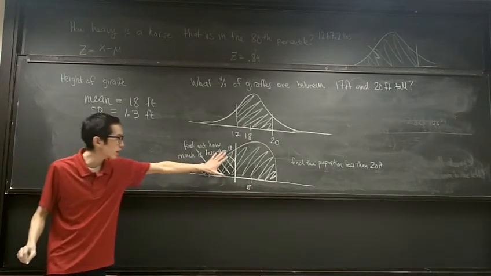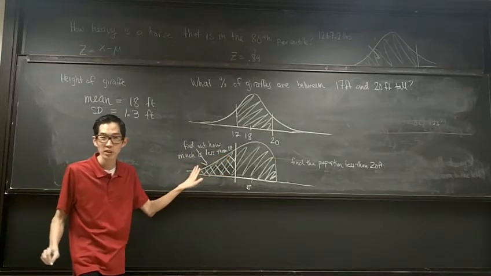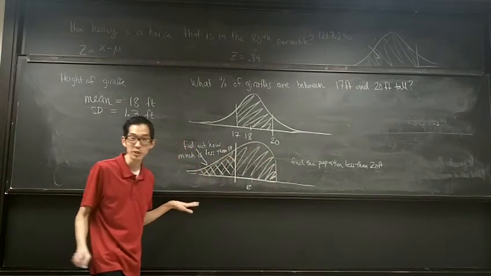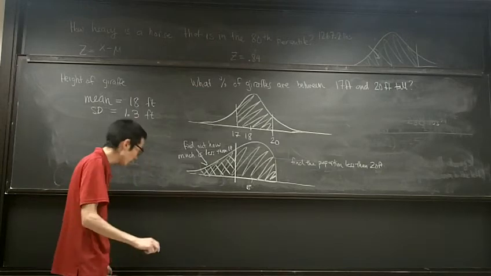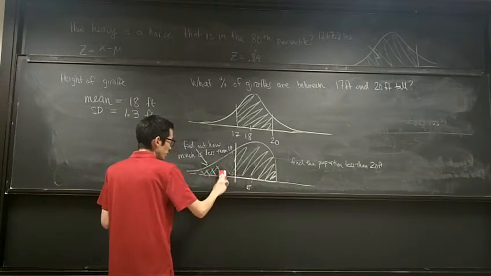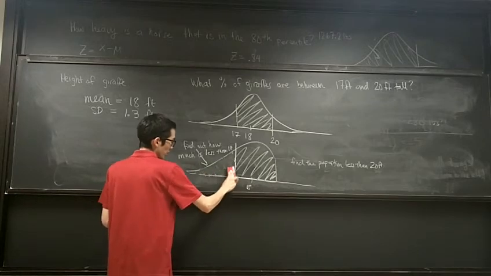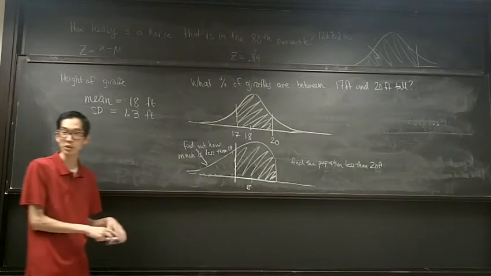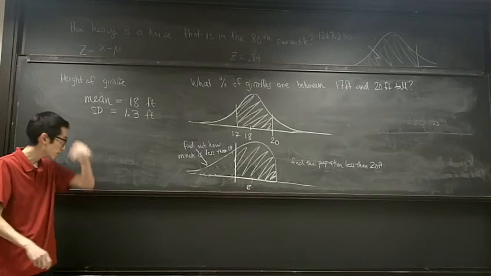And I'm going to subtract off this chunk from this entire piece. And when I do that, what I'm going to be left with is the space in between. Does that work? Okay.